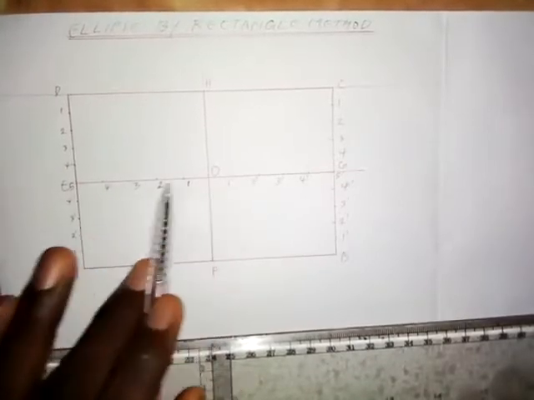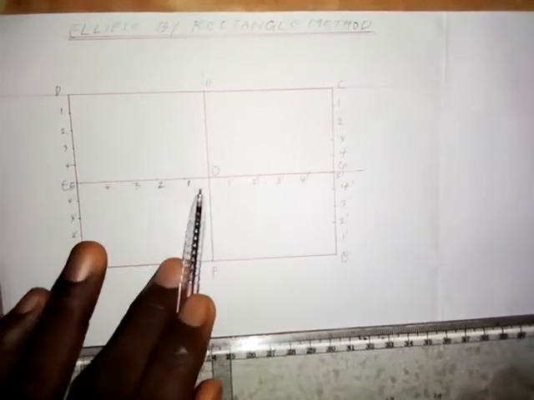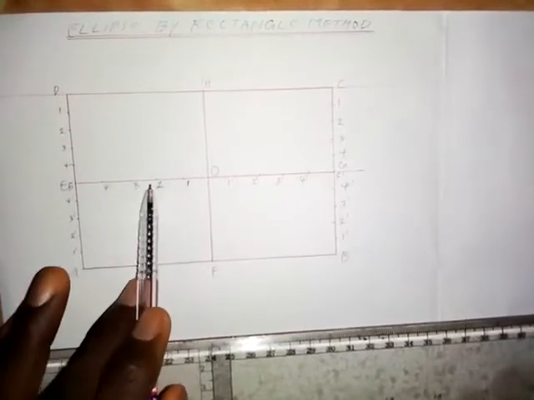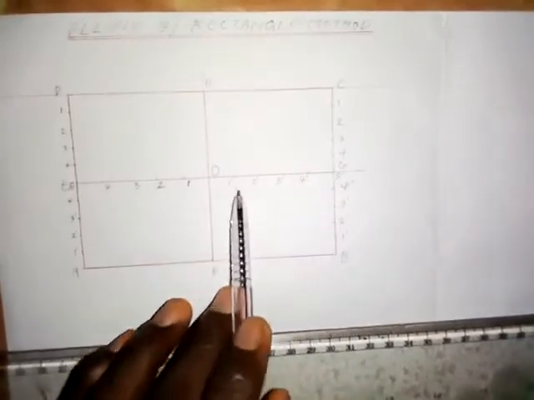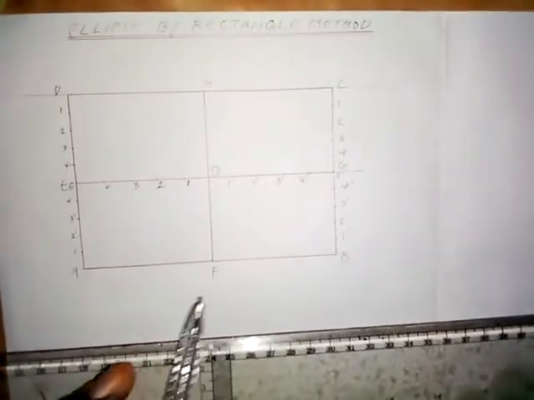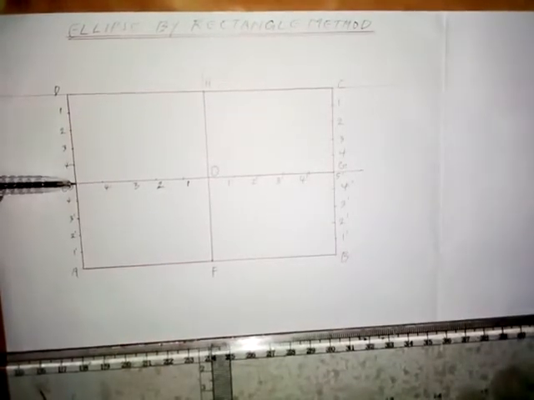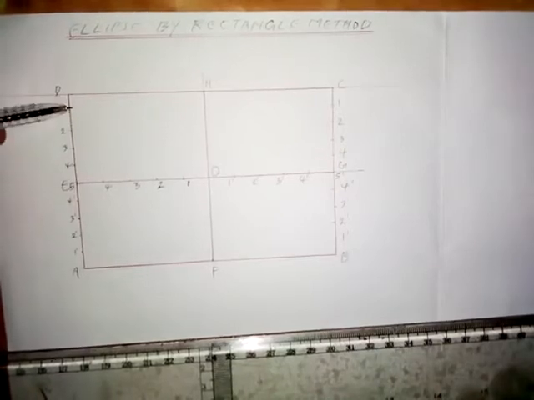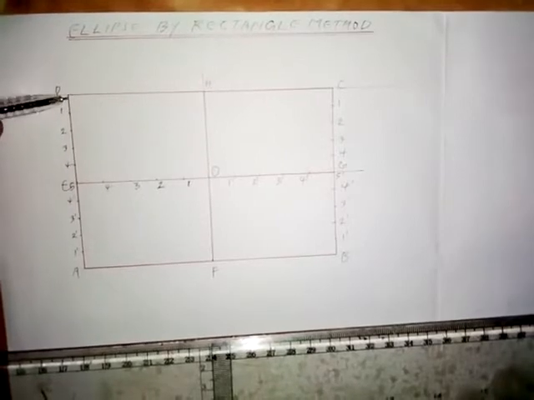Since OE is 60 millimeters, that means I have 12 millimeters here, and I've numbered. This is 1, 2, 3, 4, 5. Then I also divided this into 5 equal parts. This is 1 prime, 2 prime, 3 prime, 4 prime, and 5 prime. Then at the same time, you have to divide DE into the same number of equal parts. Distance DE, you divide into 5 equal parts.